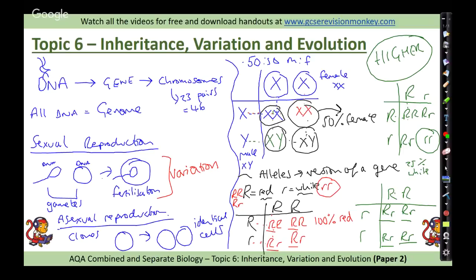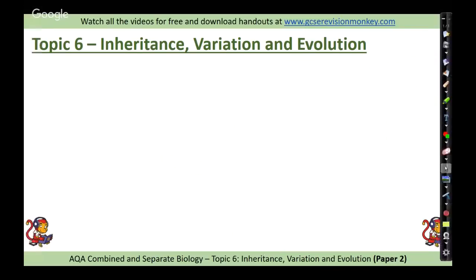Still then, for topic 6, a couple of extra things to go through. So there's a couple of key conditions that you need to be aware of. There's one that affects the mucous membranes in the lungs, and this is called cystic fibrosis. This disorder is caused by recessive alleles.